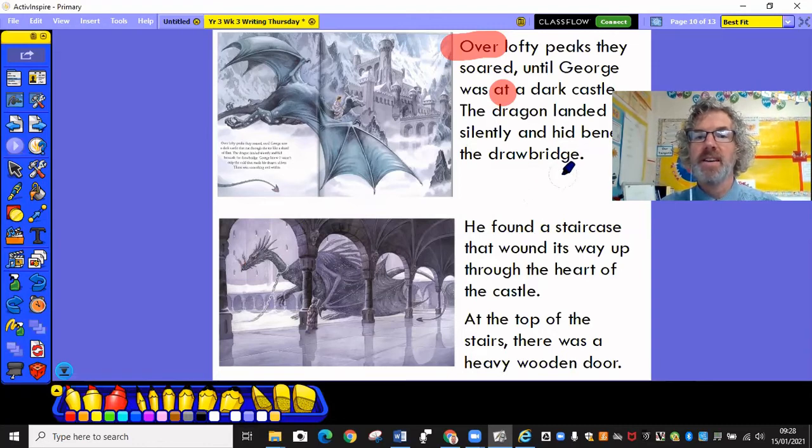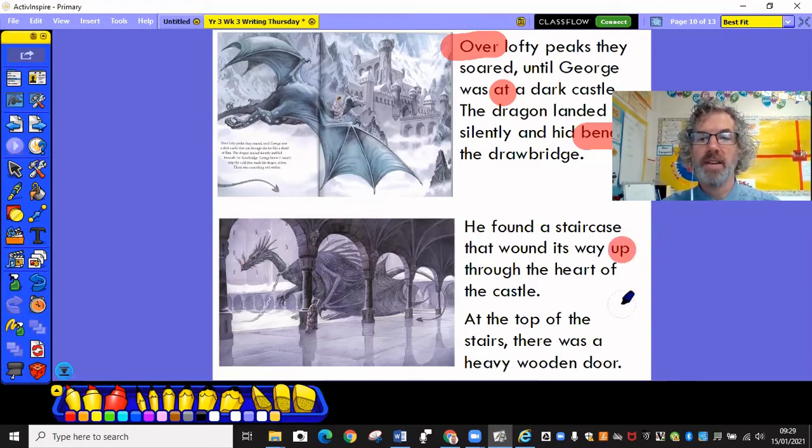Next sentence. The dragon landed silently and hid beneath the drawbridge. Well, where did the dragon hide? It was beneath. Beneath the drawbridge, but beneath is the preposition. He found a staircase that wound its way up through the heart of the castle. Can you spot the preposition? It's a really short one.